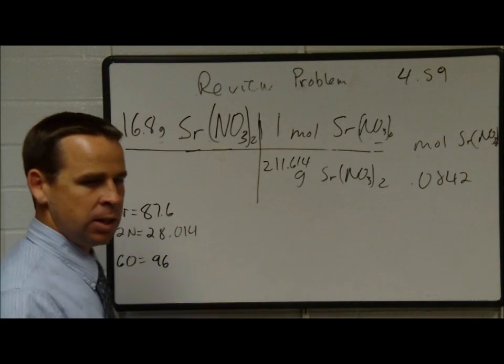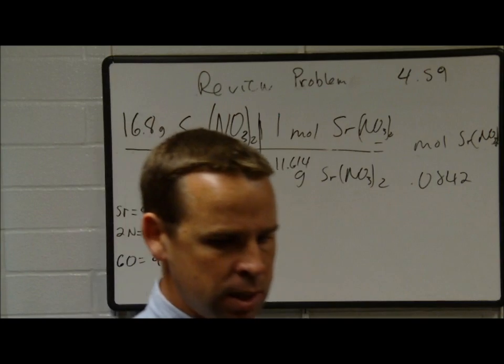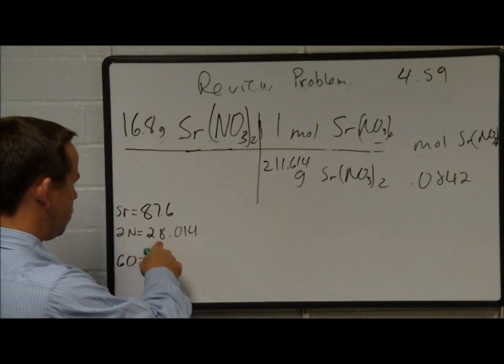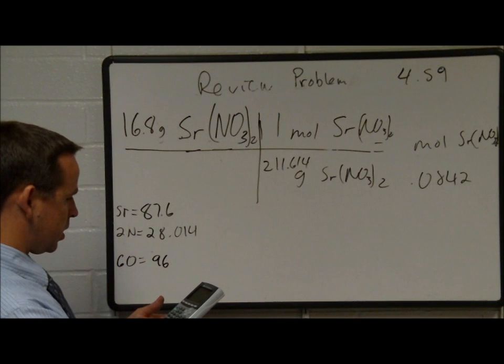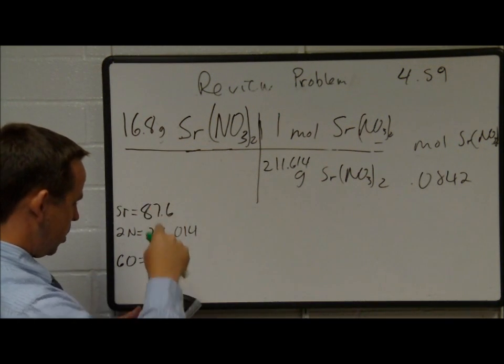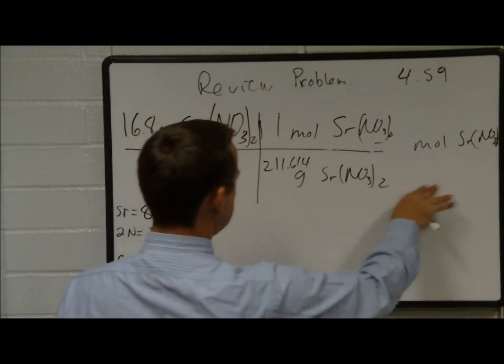All right, so we're finding the mass of strontium nitrate. 6 oxygens, 96. 2 nitrogens, 28. 1 strontium, 87.6. 96 plus 28 plus 87.6 equals 211.614.